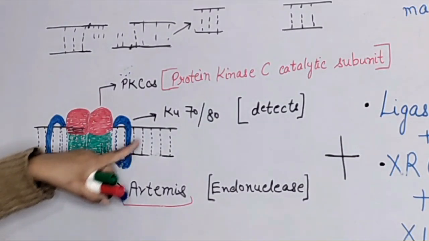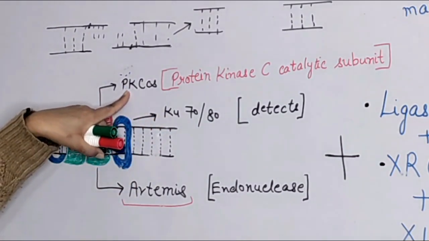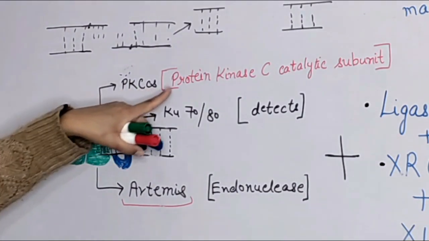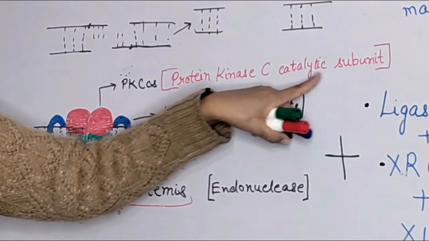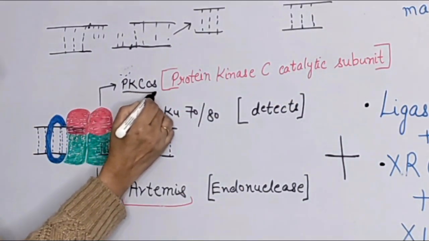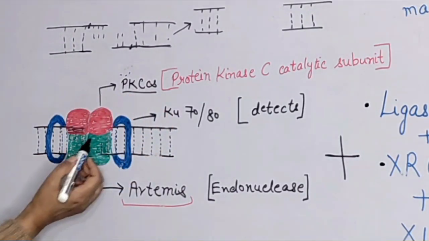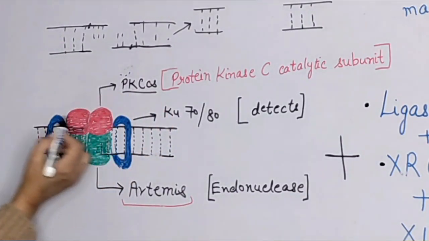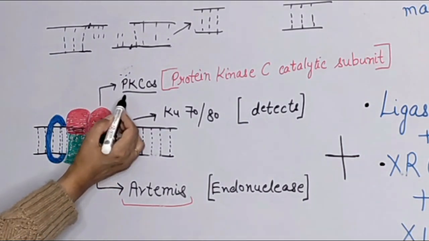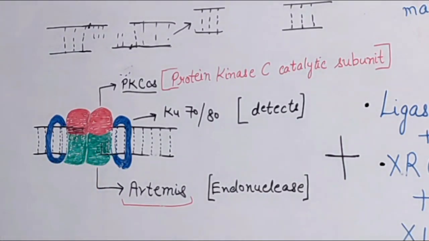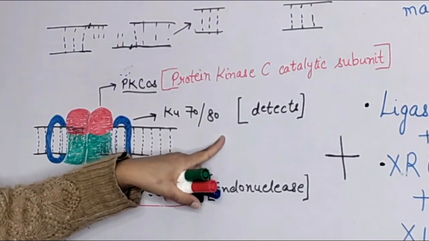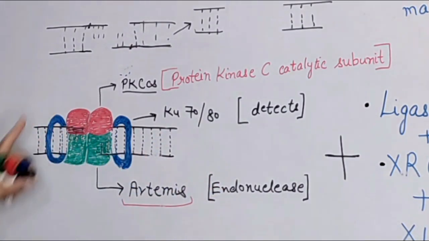After joining here, this protein recruits one more protein, known as DNA-PKcs, that is DNA-dependent protein kinase catalytic subunit. So DNA-PKcs comes here and gets bound to the DNA molecule near the Ku70/80 at the broken ends on both sides.